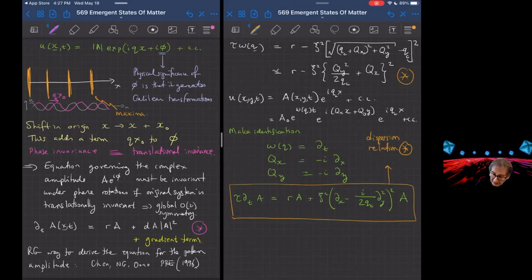You can see that I get a term linear in A, just like this term over here, and then I have these extra gradient terms, which we didn't have on the left-hand side. And then we have the nonlinearities, which I have on the left-hand side, but not on the right-hand side.